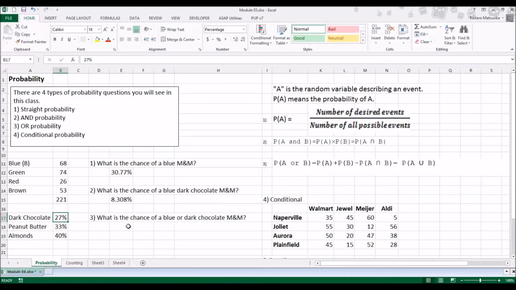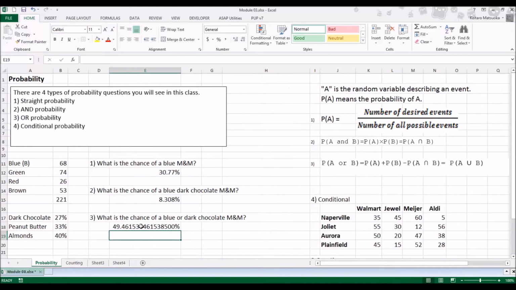So the answer to number 3 is this plus this minus this number. So let's do that. This plus this minus this number. Okay.